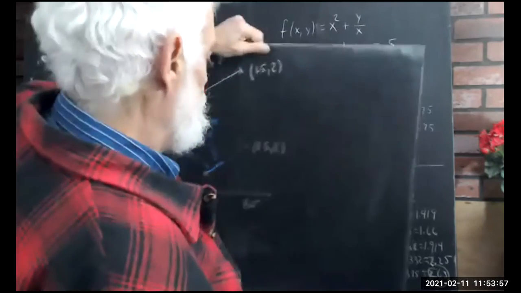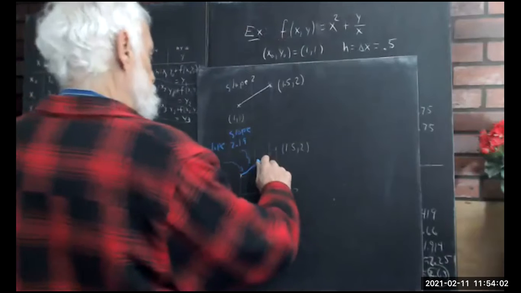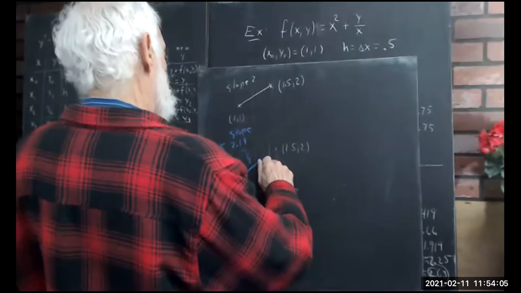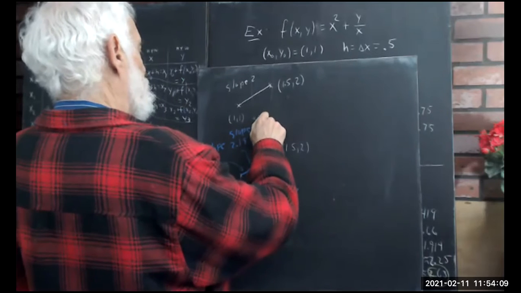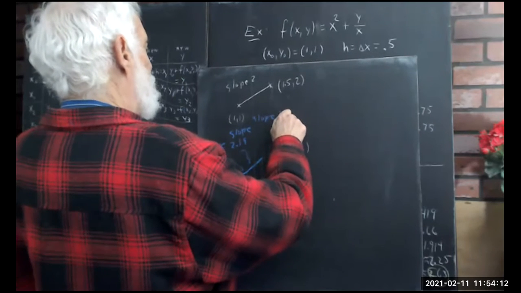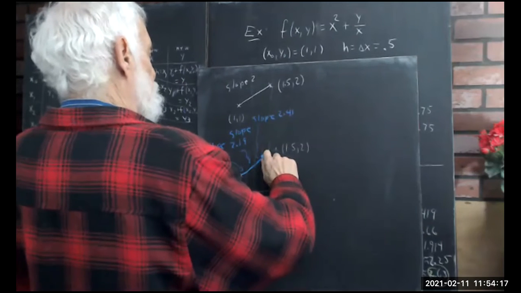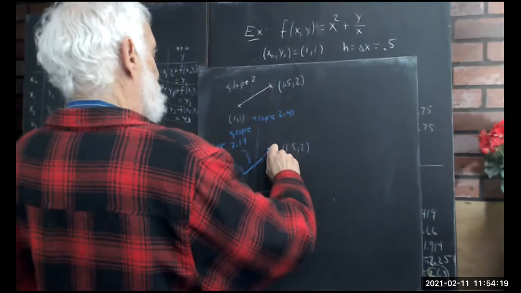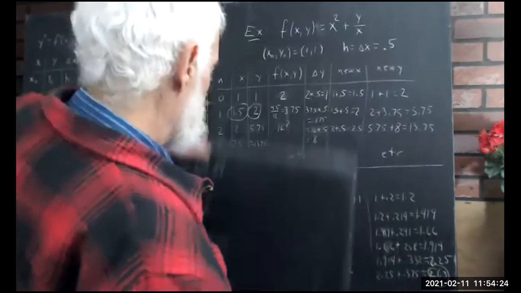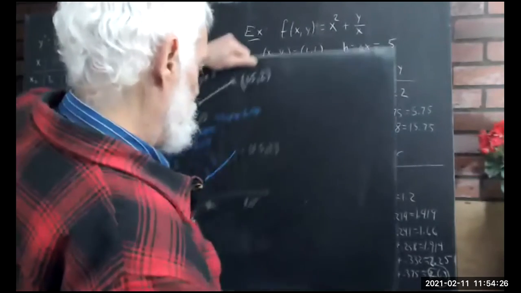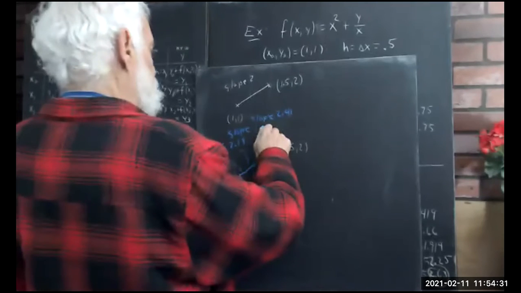And on the next interval, the slope increases to 2.41, which makes it even steeper than it was here. Not sure I drew it that way. And on the next interval, it increases more to, what was it, 2.7 or something like that? No, just 2.58. Not sure I got that one right, but let's see.